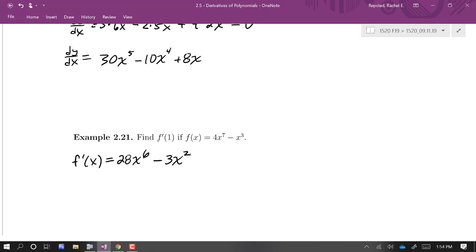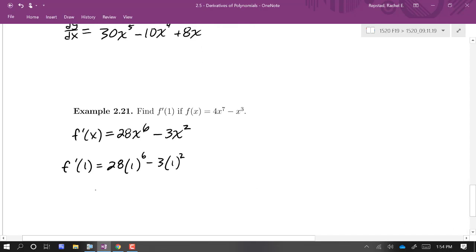Then you subtract 1 from the 7. Right, just knock the power down by 1. Now we can find f prime of 1, which just gives us 25.